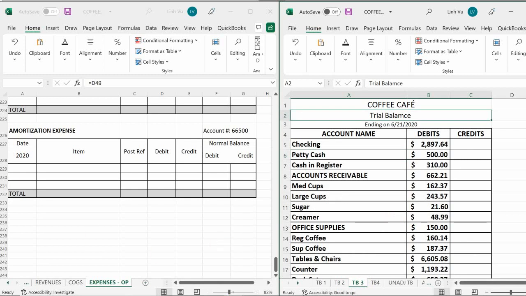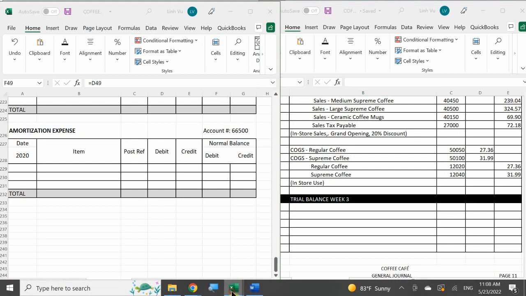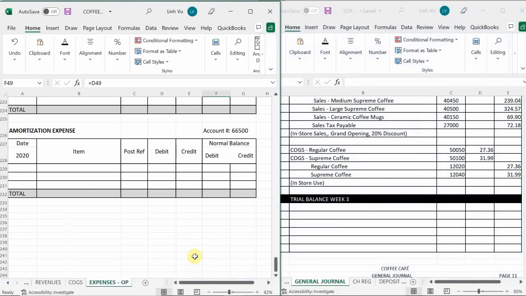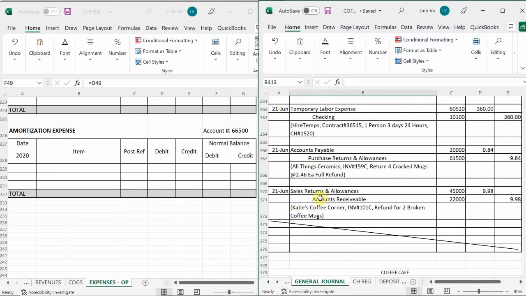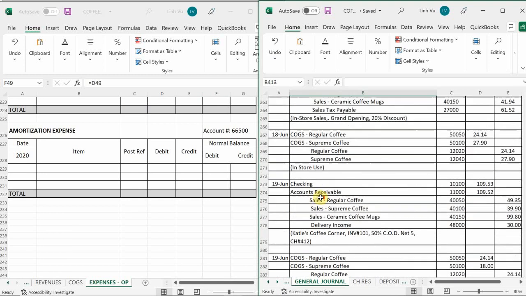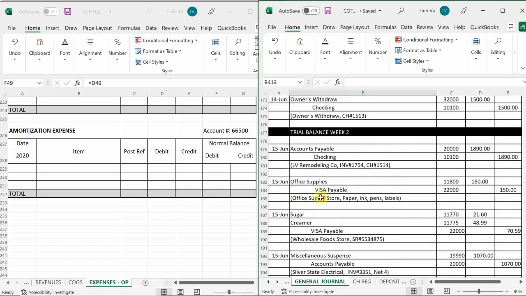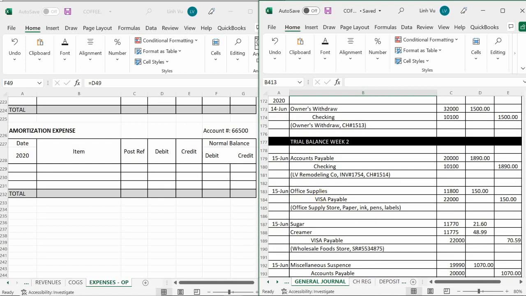So this is where we have to use our journal and compare it to our ledger. Something we either missed from our journal to our ledger. So let's go ahead and take a look here. Starting with the first transaction, we had an accounts payable and checking for the 15th.